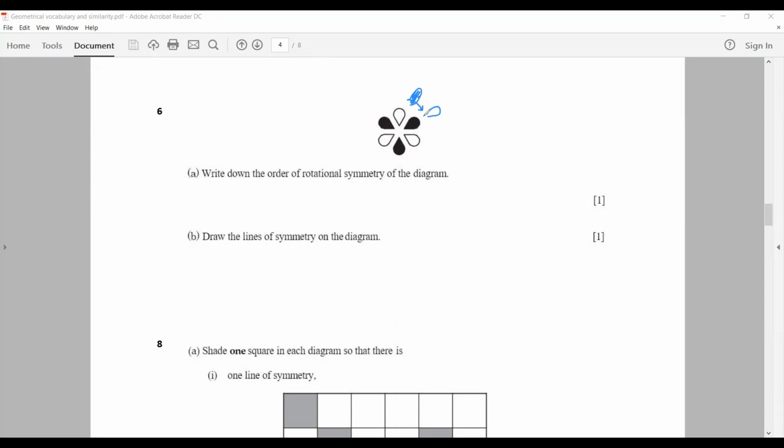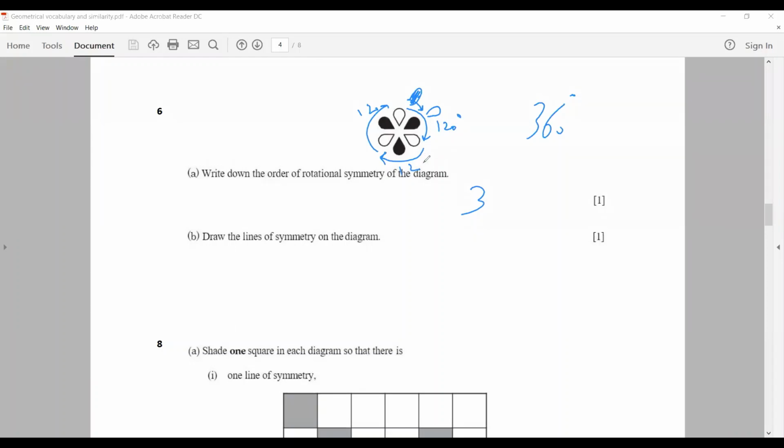So I have to rotate it 120 degrees, again 120 degrees, and again 120 degrees. So that's 3 times. So the order is 3, right? As you rotate it 360 degrees along that path, it matches its own outline 3 times, right?